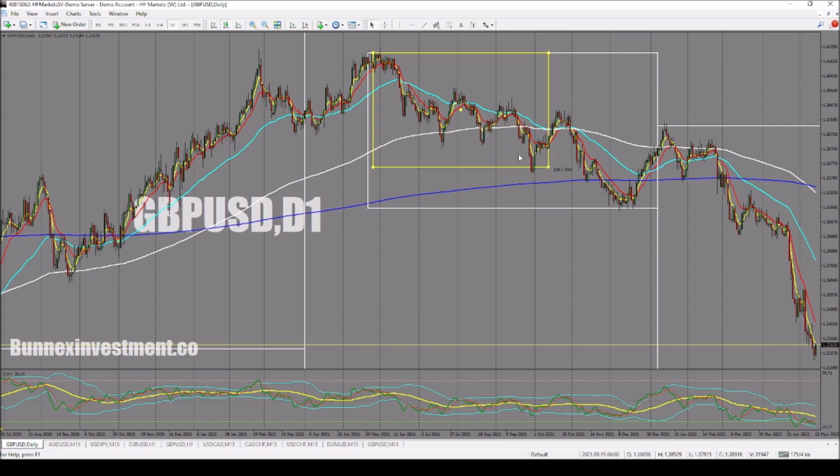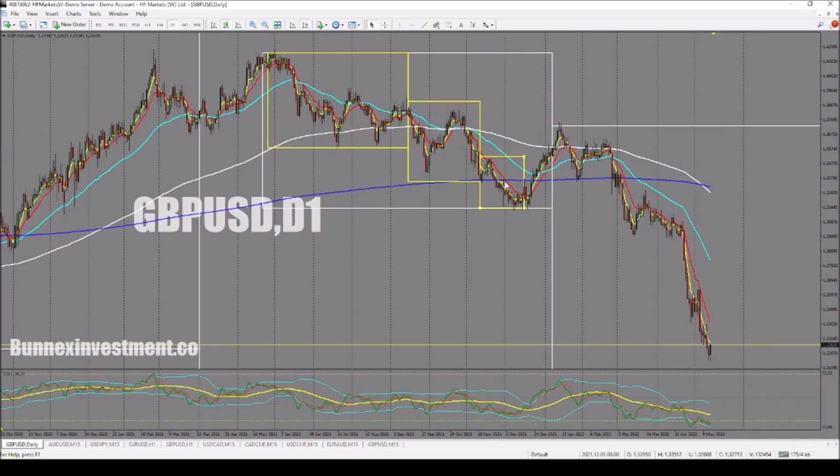So we may say the drop was at this point. And then we had the last drop, which was this one. Therefore, we may deem this a completed cycle on the daily time frame.